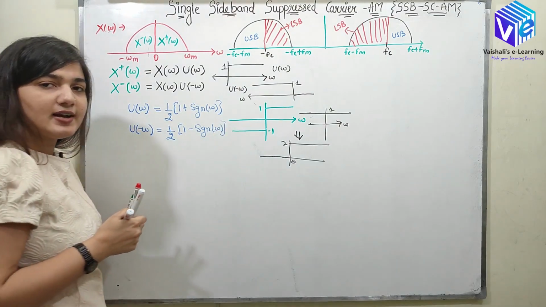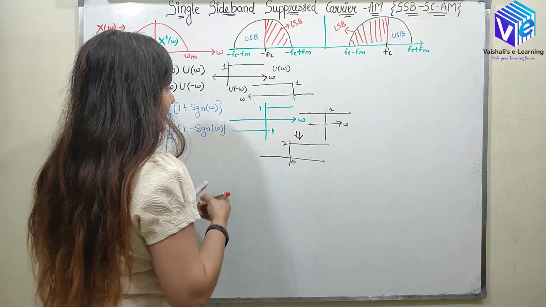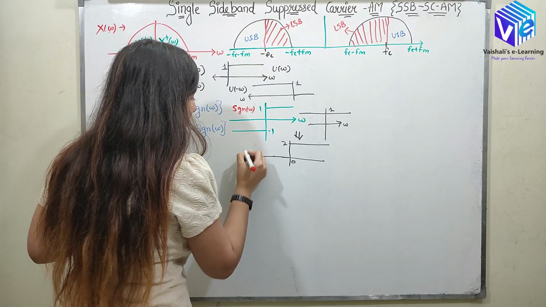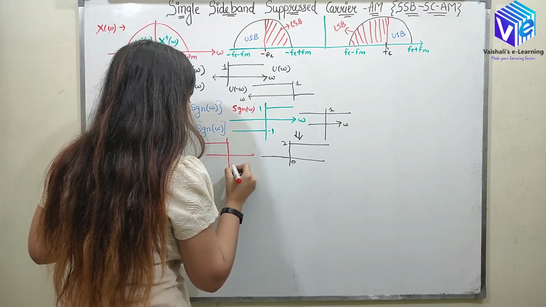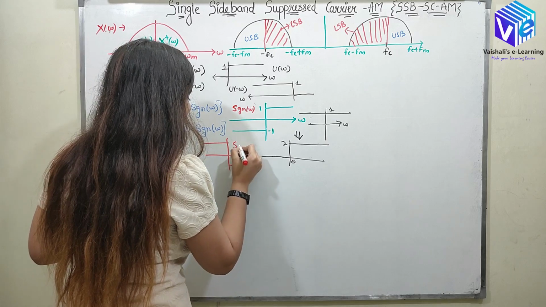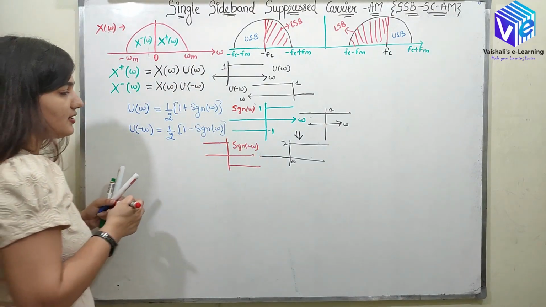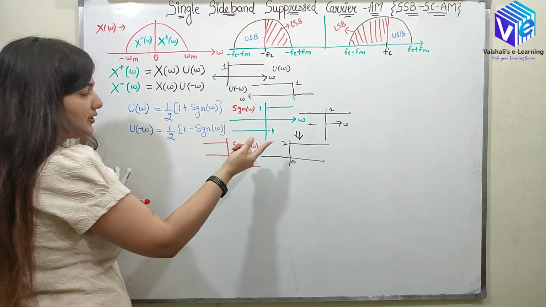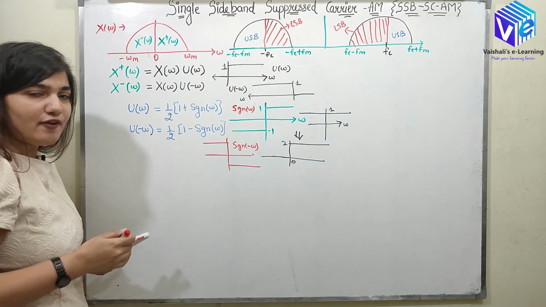Remember, signum of omega is an odd function, so signum of minus omega would be represented like this. This is signum of minus omega. Now I add 1 to this, so I get the signal in the negative direction with amplitude 2. If I divide by 2, I get u of minus omega.